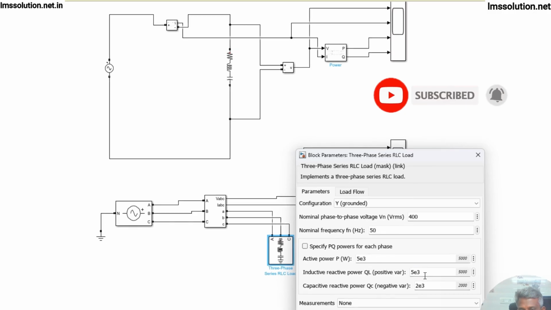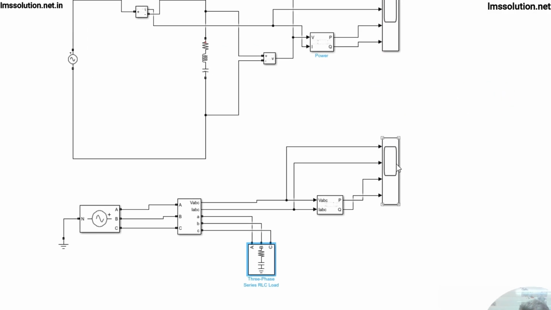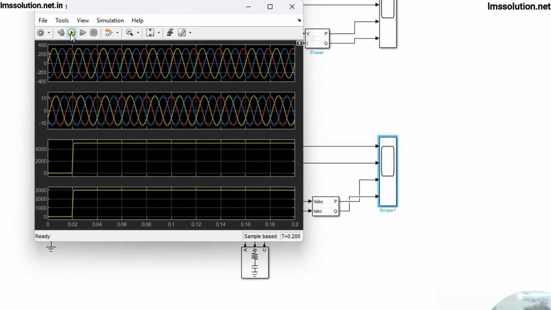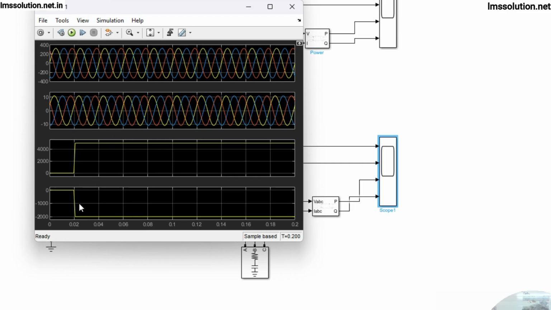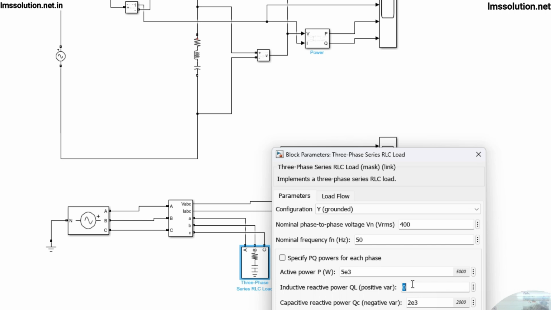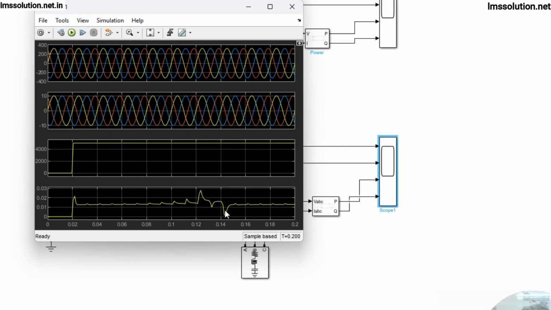So now I'm going to change this one to 0, that means inductive reactive power 0. So now we can see that it is going in the negative direction. Now I'm going to make inductive reactive power 2 e power 3. Now you can see that the reactive power is nullified by each other. Okay, we are getting only real power.